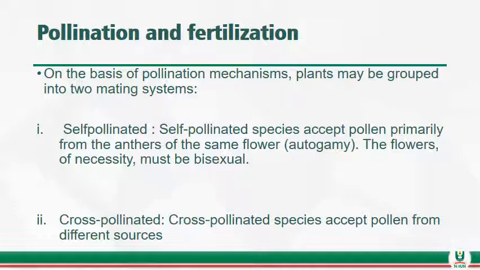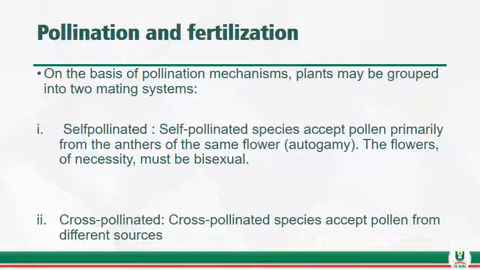This happens when species accept pollen from their anthers on the same flower. Like hibiscus, for example, the female part is on the same flower and the male part is on the same flower. So when they are mature, the stigma is receptive, it accepts the pollen, fertilization takes place.